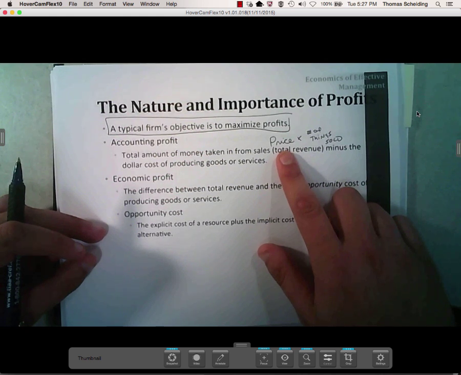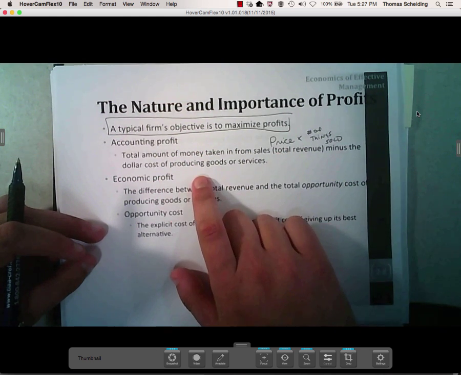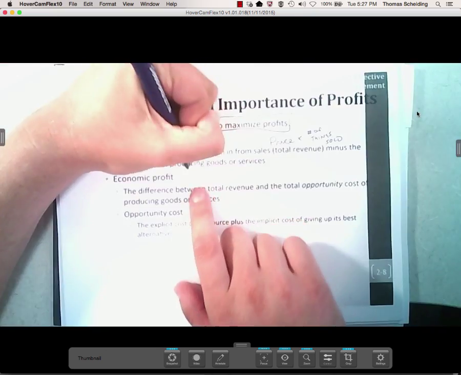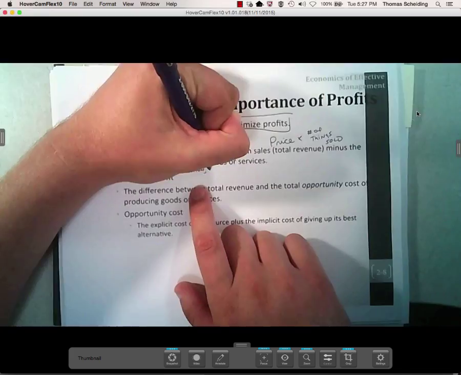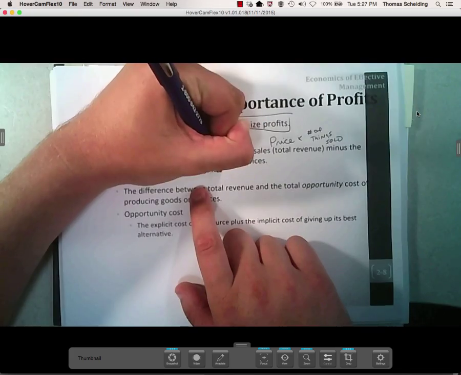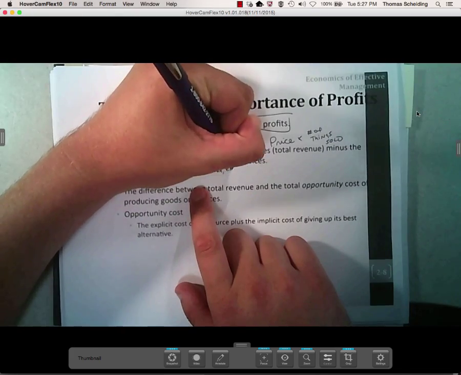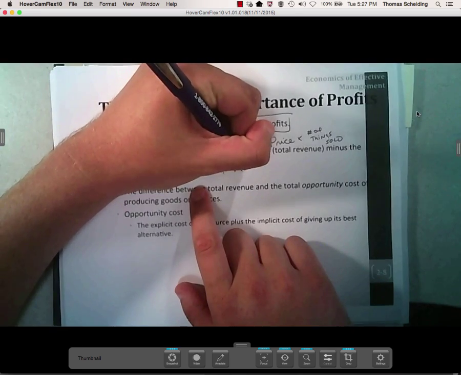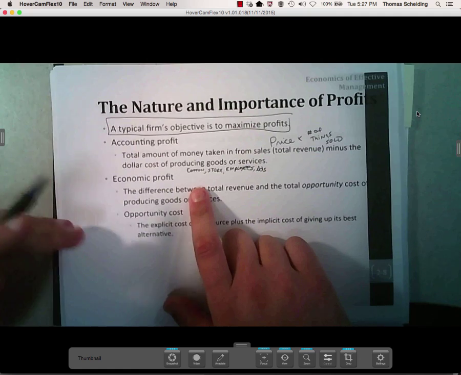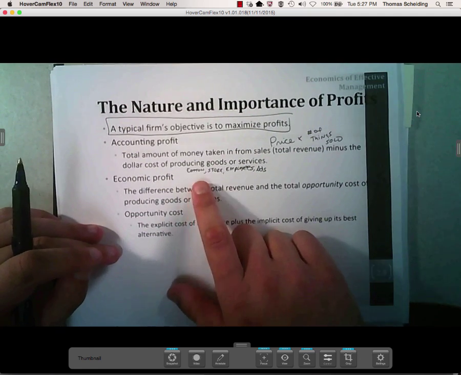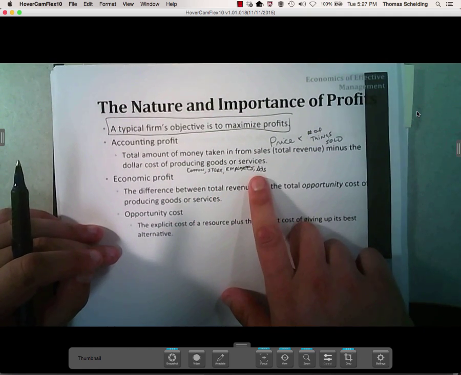Now, what's the cost of producing those goods and services? Well, then I'd be talking about the cotton, the store, employees, advertising, right? We can think of a lot of different costs that it takes to make and sell t-shirts.